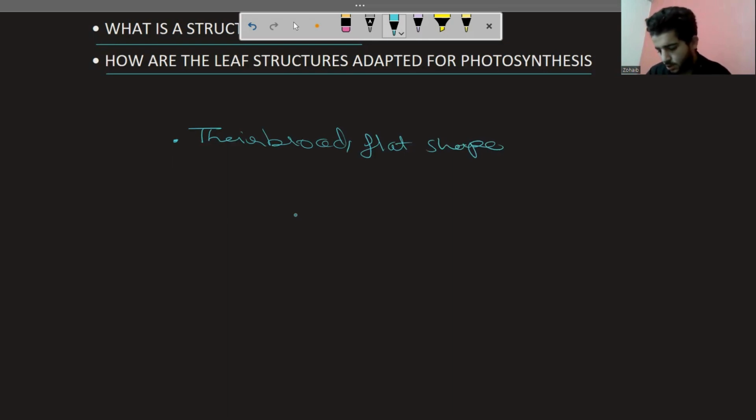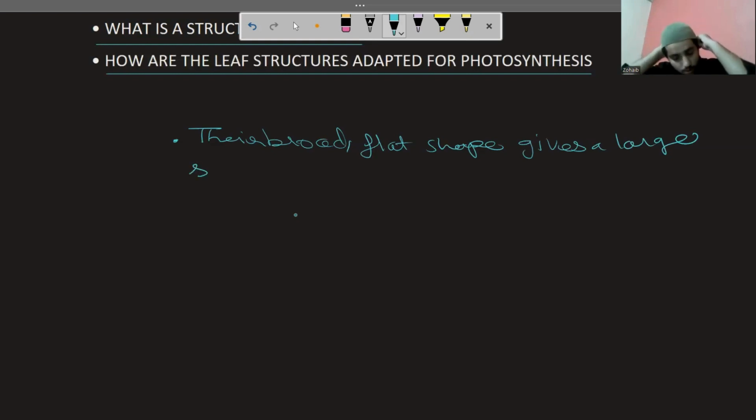Their broad, flat shape gives a large surface area for the absorption of sunlight and carbon dioxide.